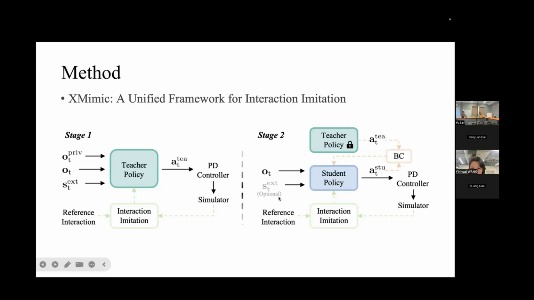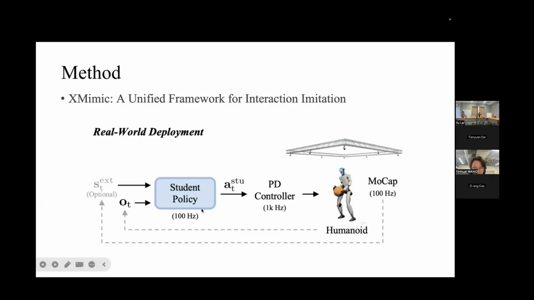The external observation is optional, which means we can have the object perception, or we do not need it. If we don't have the object perception, it is also feasible for some tasks. The reward is the same as in stage 1. So finally, we can get the student policy, which can be directly deployed in the real world.